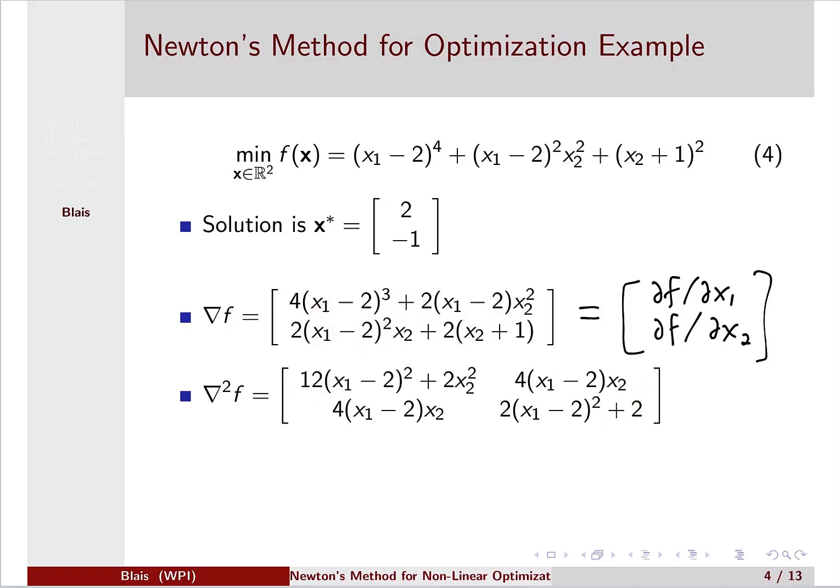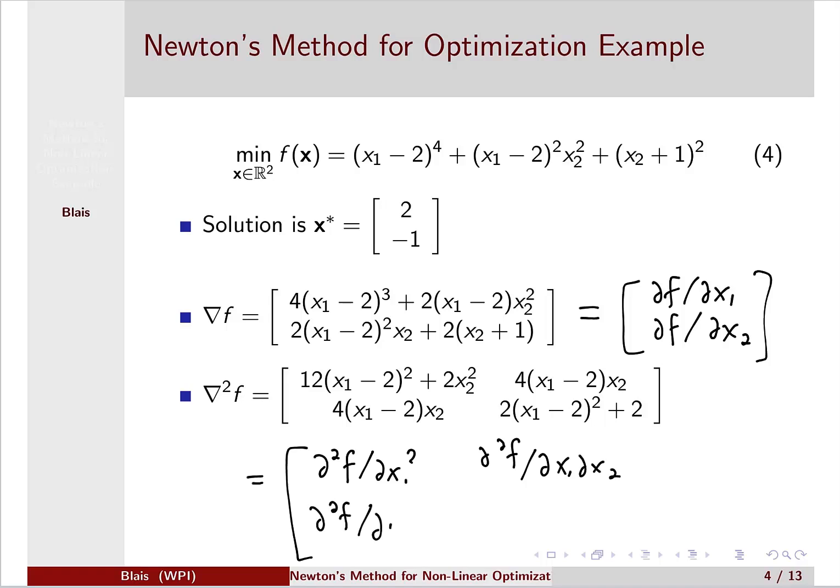For our Hessian, recall that that is your matrix of second order derivatives. The first term would be the second order partial of f with respect to x1 twice. Then we have the second order partial of f, dx1 dx2. Down here, the second order partial of f, dx2 dx1.